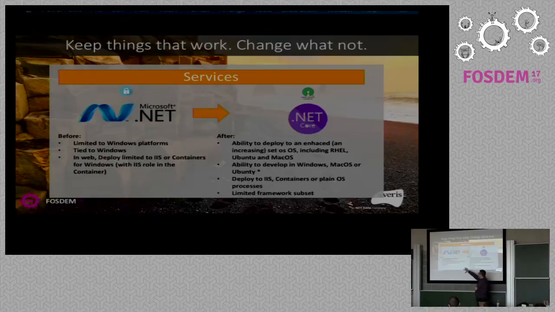The services were also a difficult piece to work with, very tied to the Windows infrastructure, so we switched the services layer to .NET Core, and we had the ability to run our code on Red Hat, Ubuntu, and Mac OS, apart from Windows. We are opening the hosting abilities that we have with our existing .NET Core code.